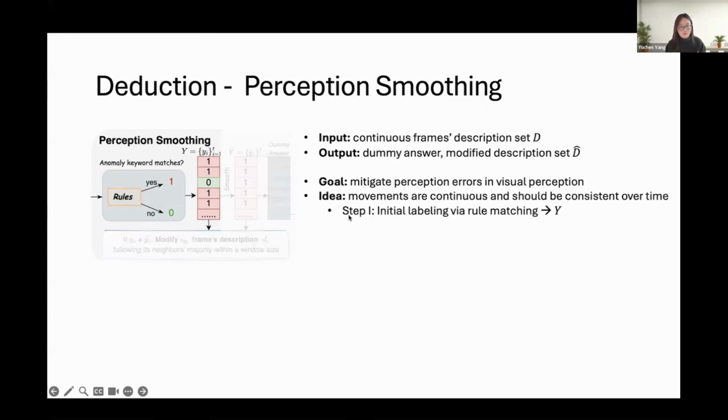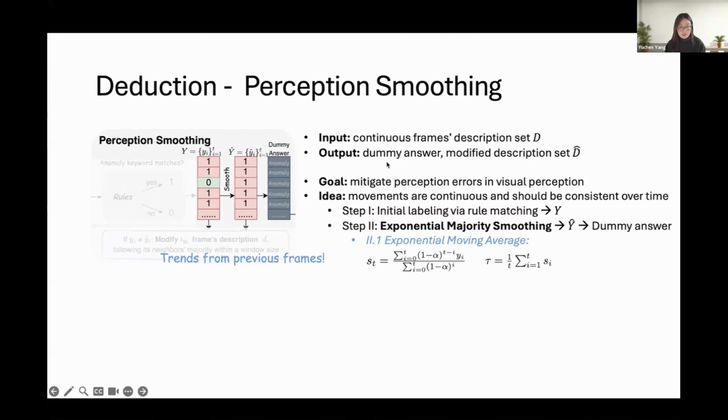Based on this idea, we designed the perception smoothing, which contains three steps. The first step is an initial labeling via rule matching. Here we use keyword matching, which is to check if the description contains the keywords listed in the anomaly rules, especially the -ing verbs as human activities.